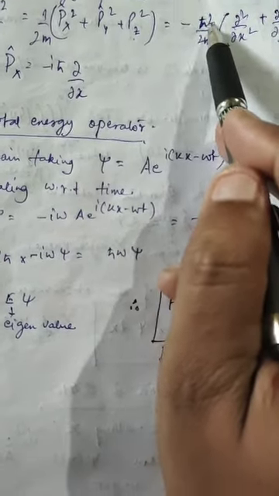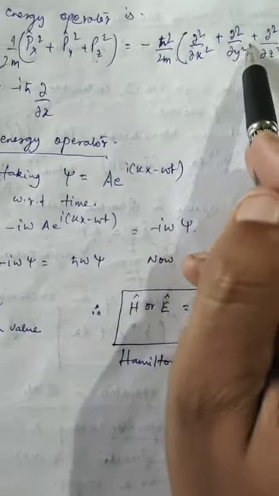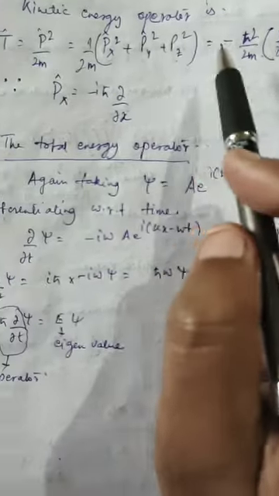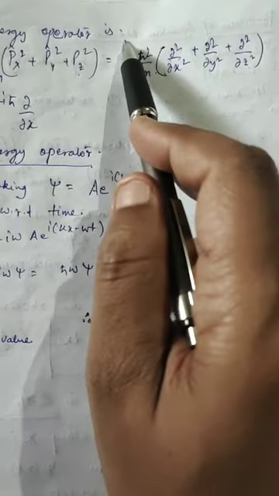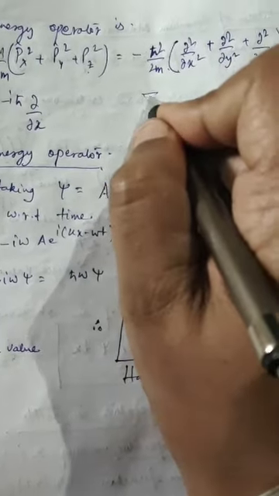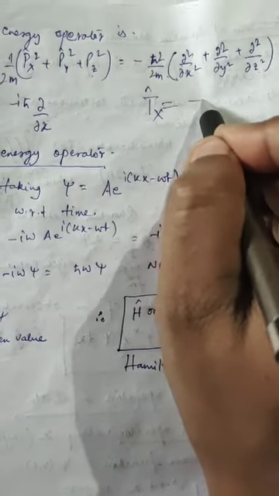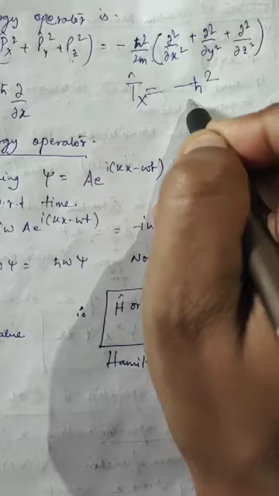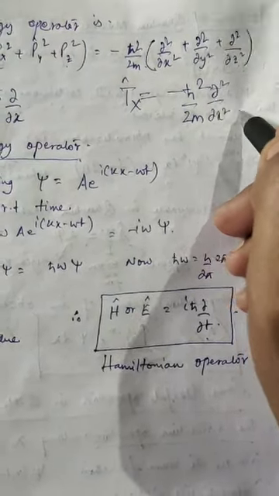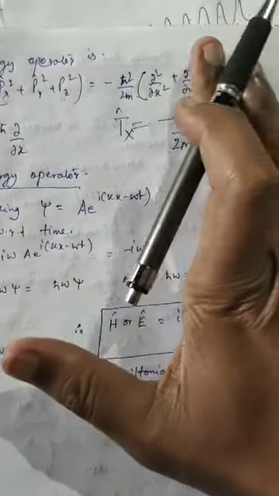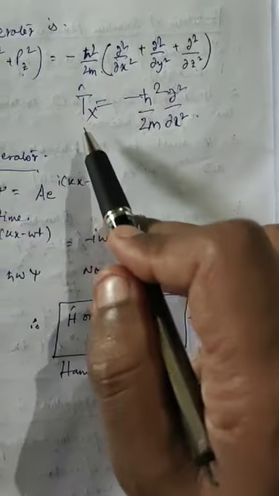So minus h cut square by 2m, times del x square plus del y square plus del z square. So this is the kinetic energy operator. If I ask you the kinetic energy operator only along x, it would be minus h cut square by 2m del x square. Simple. Only this. These two parts won't be there. So this is the kinetic energy operator only along x.